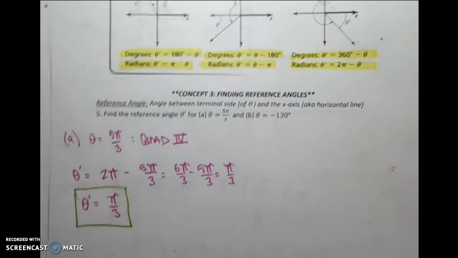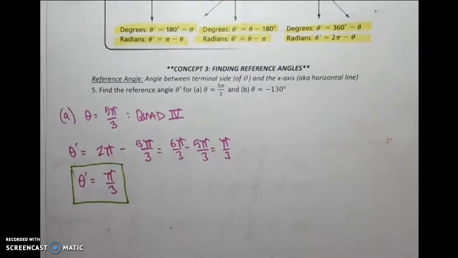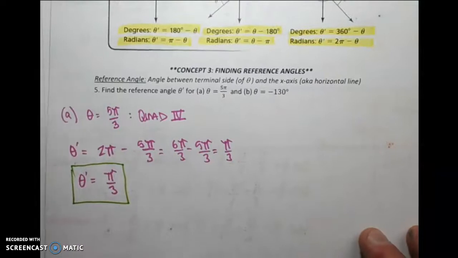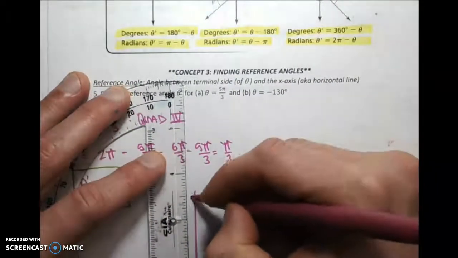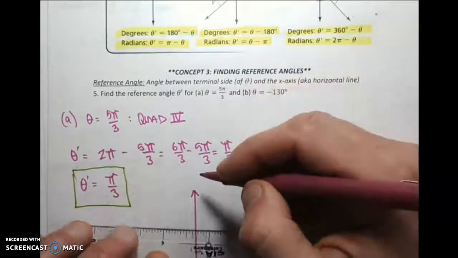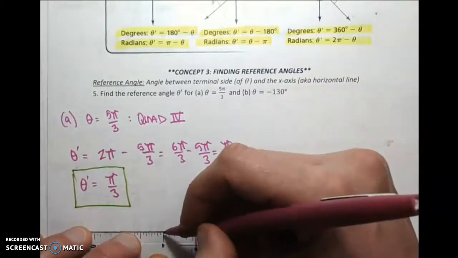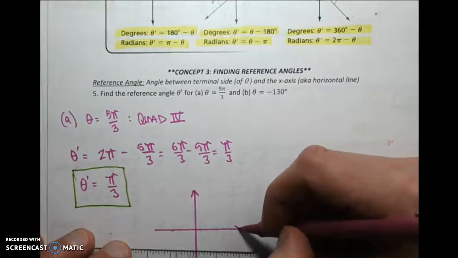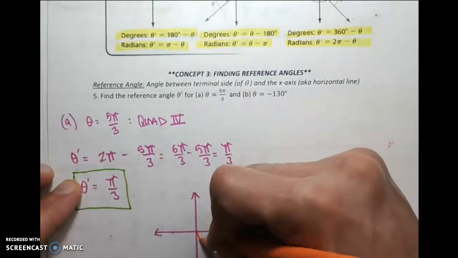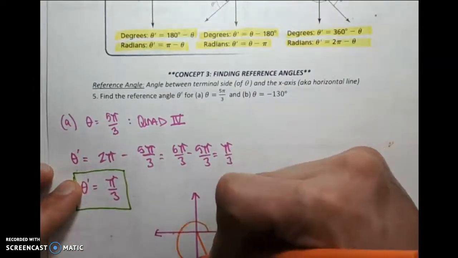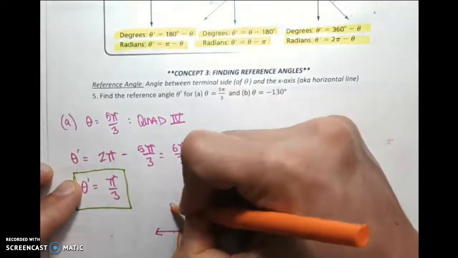I'm going to just go one step farther here. If I went ahead and made a triangle, make a little graph here, I could. You don't have to do this. We have the answer. But just so you can see, there's my reference angle.